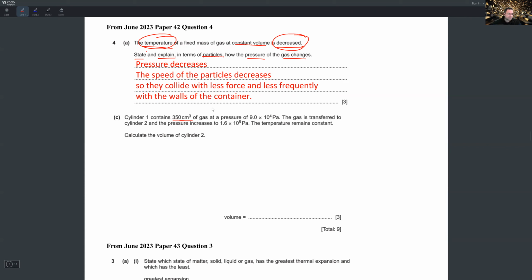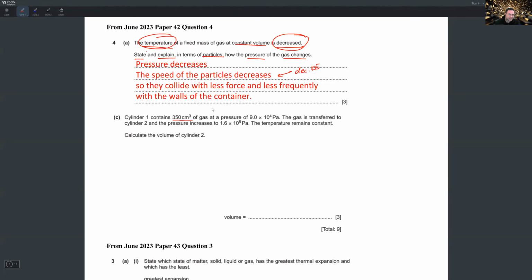Can you say less force instead of decrease in kinetic energy? No, you can't. Decrease in kinetic energy is instead of speed decreases. Force is force. You can say less strongly, like I said, or the collisions are weaker.